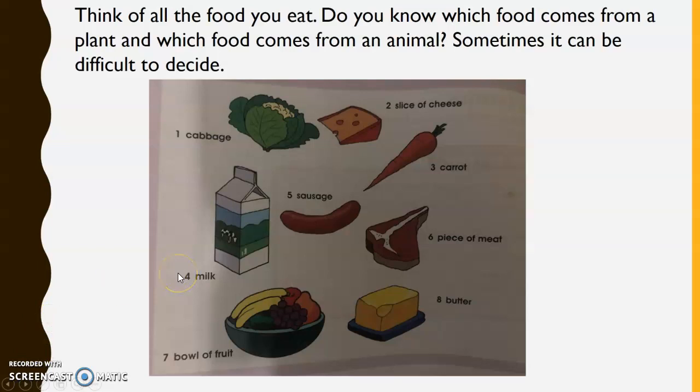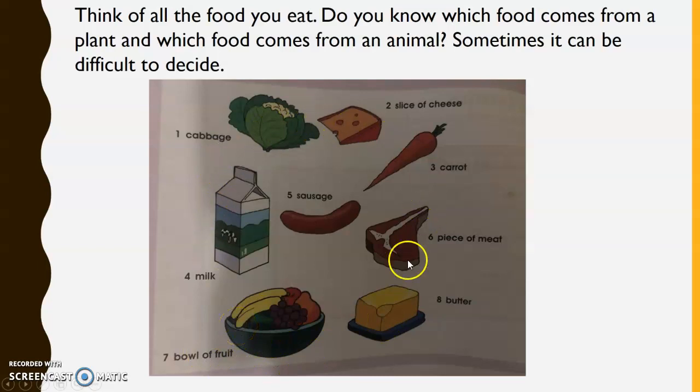I have put together different foods that you see or eat each and every day. I have here a cabbage, a slice of cheese, milk, sausage, carrot, meat, butter, and a bowl of fruit.